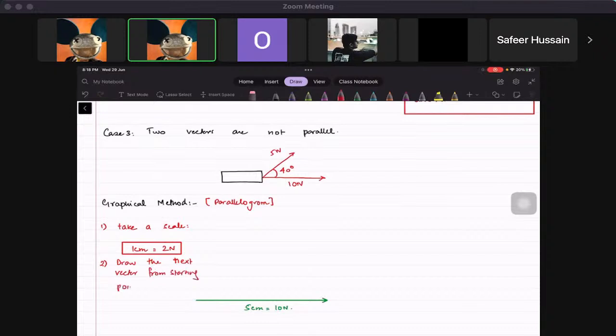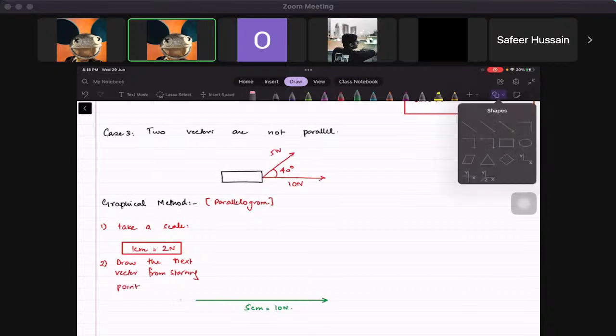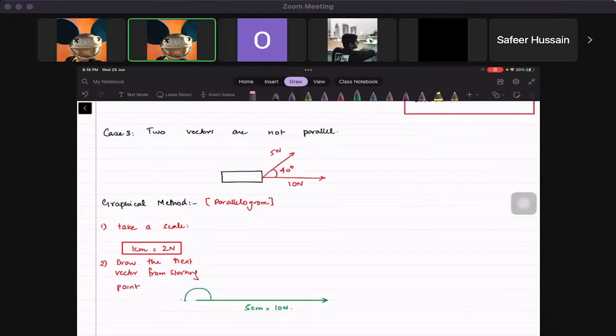So you put your protractor like this, you measure 40 degrees, and then you extend the line like this, and this line will be actually 2.5 centimeter, because that would represent 5 newtons according to your scale. Is it clear? Yes, sir.